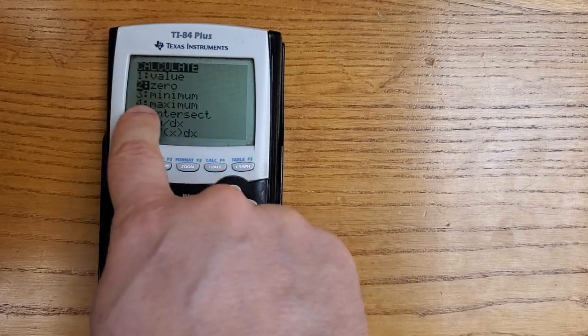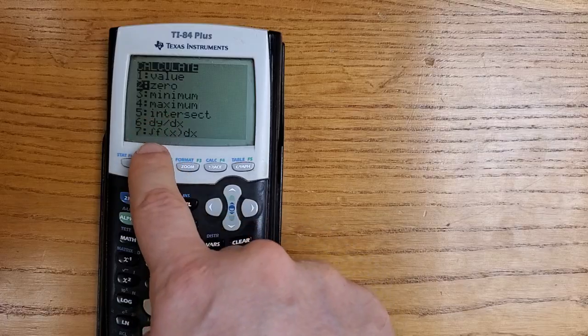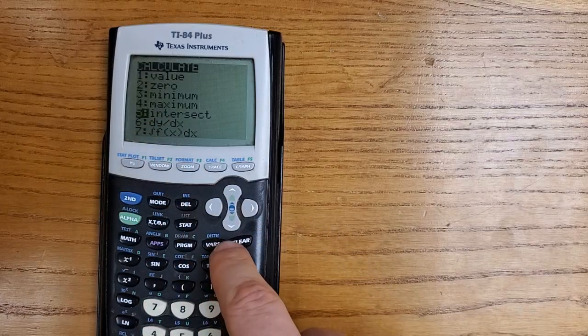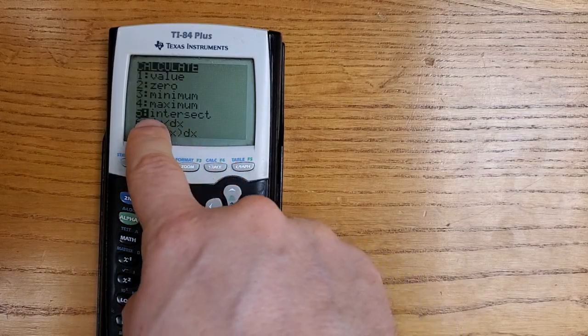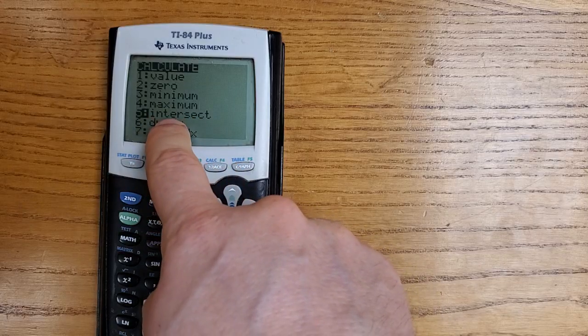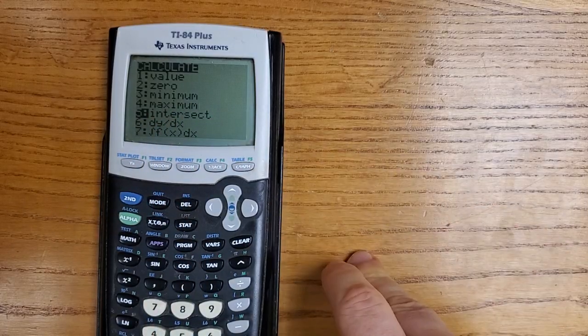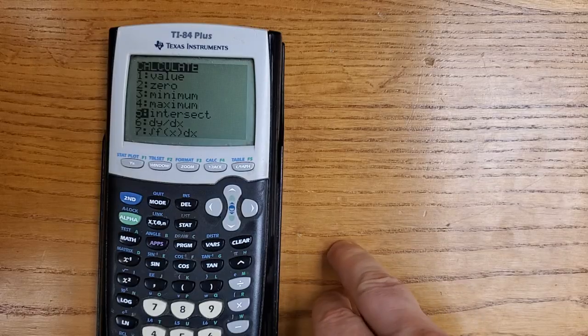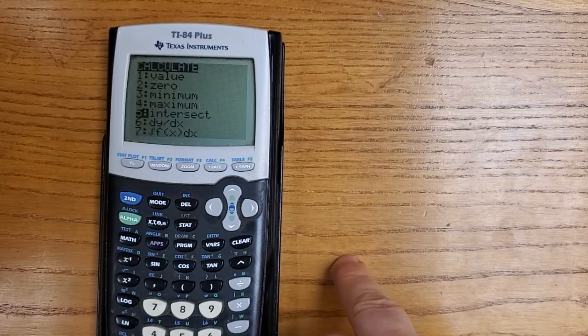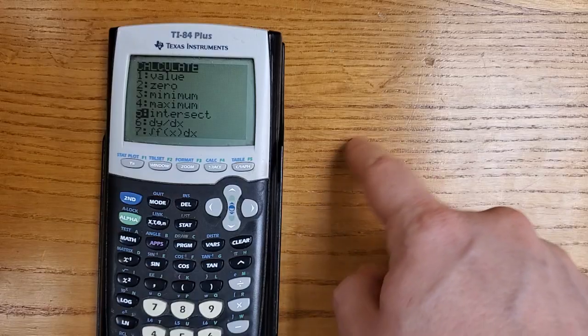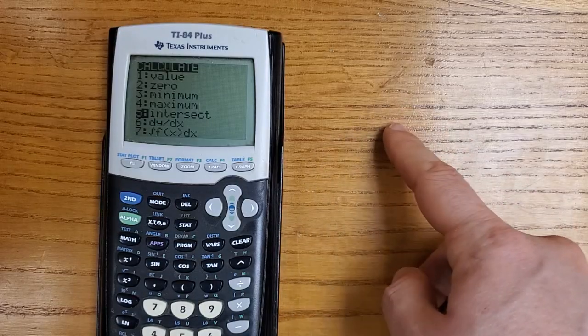If there's a minimum or a maximum, you could ask it to find that for you. If you have two functions and you want to know where they meet, you can pick the intersect, and it'll ask you, pick the first one, pick the second one, and then it'll ask for a guess, and it's just saying put the cursor somewhere close to the cross.